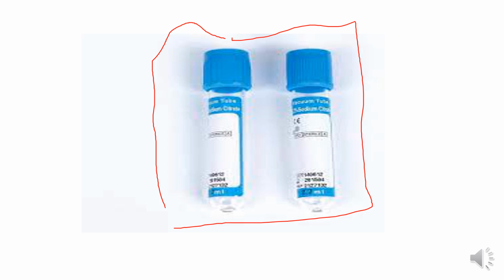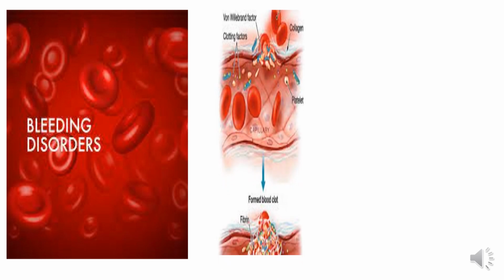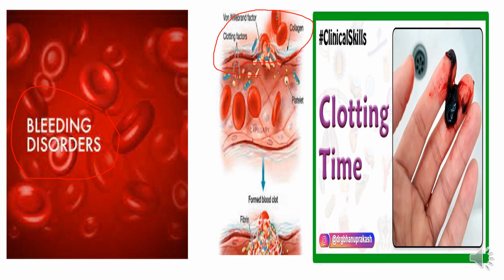So what is a coagulation profile? The coagulation profile is where we want to know whether the patient has any kind of bleeding disorder or not. For that we should know the clotting time of the patient. In the blue vial we will send the PT time, clotting time. This blue vial will help us, and it has an anticoagulant which is citrate.